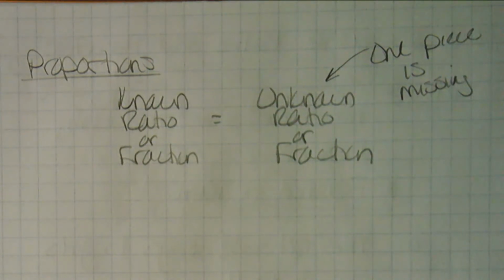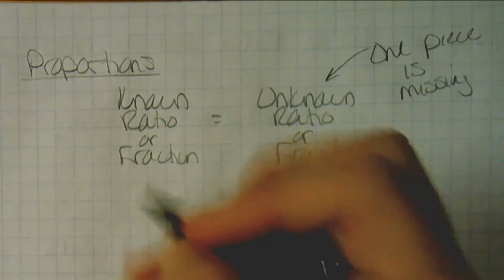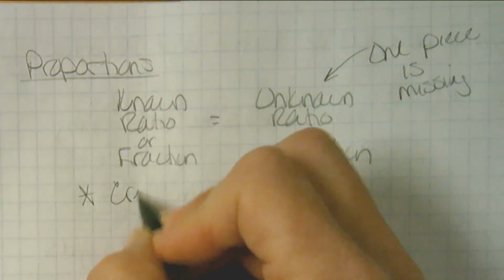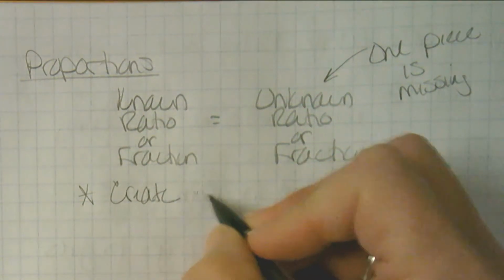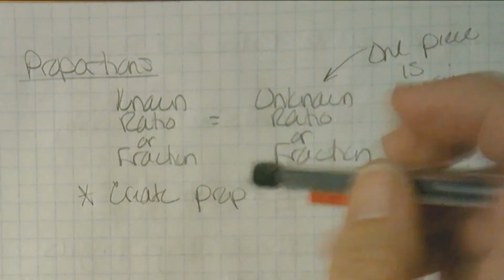So I want to show you a story problem. All right, so when we talk about proportions, what we do is we create proportions, we create ratios.